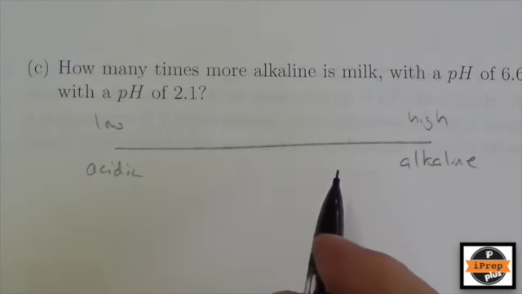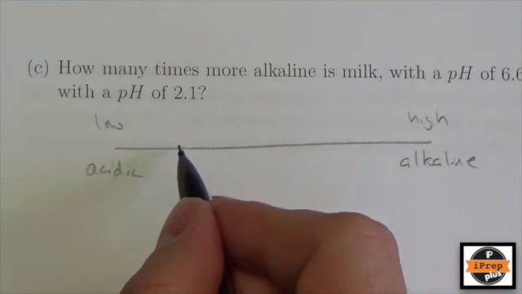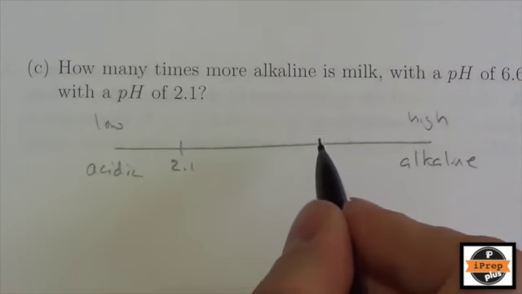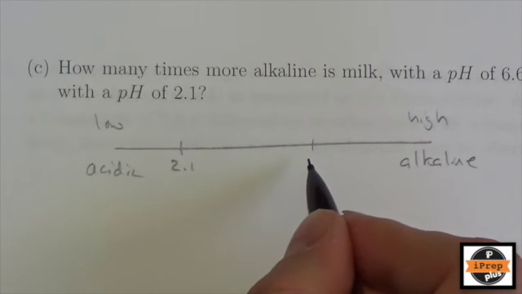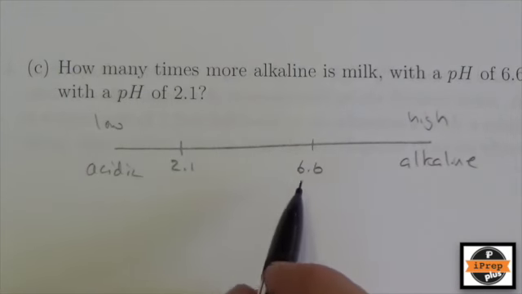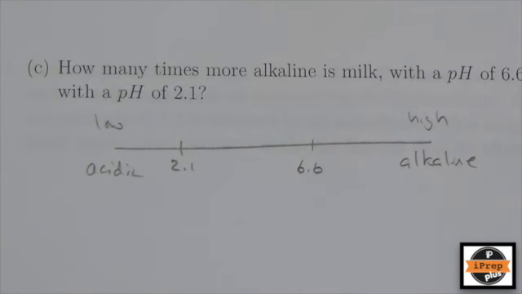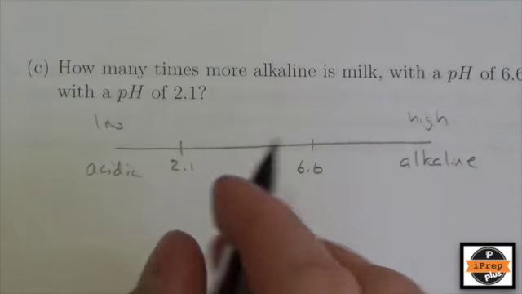Lemon juice is over here at 2.1, and we have milk over here at 6.6. I know it's not to scale, but this is over half, because I know where the half is, around 7. We just need a comparison here.